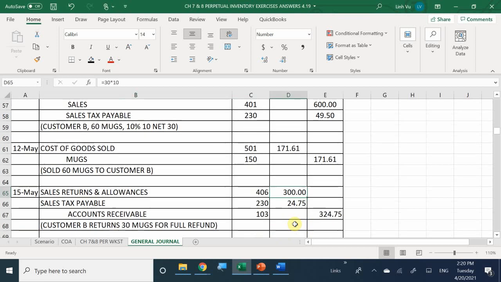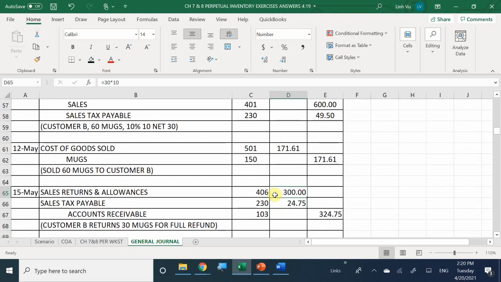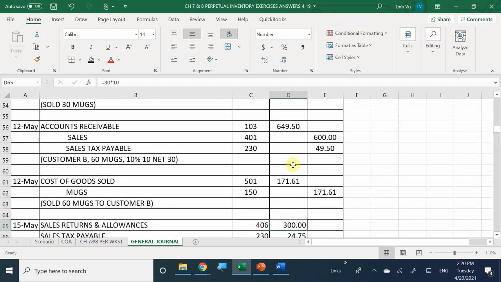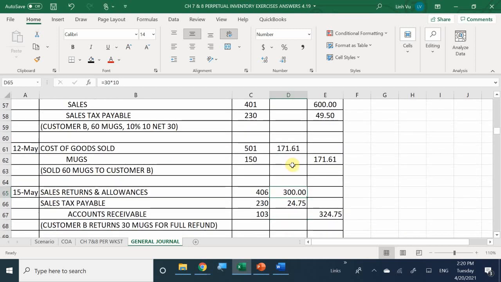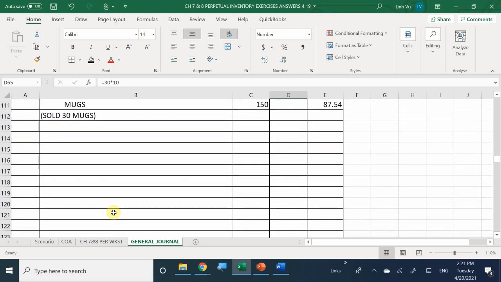So therefore, we refunded him $324.75, which is half of $649.50. So that means in reality, customer B owes us $324.75. That's the $649.50 minus the $324.75, right? Because here we increased our accounts receivable. Here we decreased it. Okay, so in this case, customer B owes us the $324.75.